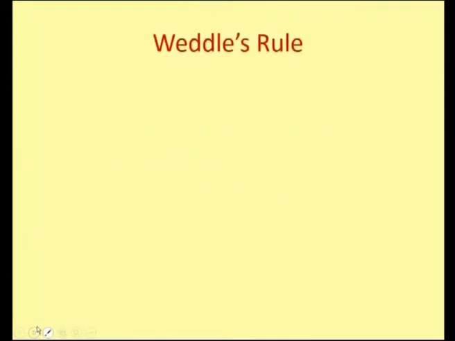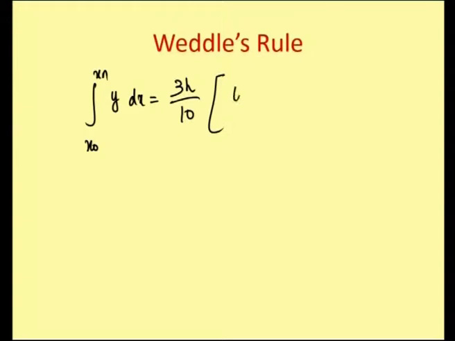Then we have Weddle's rule. Weddle's rule is given by the formula integral x0 to xn y dx is equal to 3h by 10 [y0 plus yn plus 5 times (y1 plus y5 plus y7 plus y11 plus etc.)